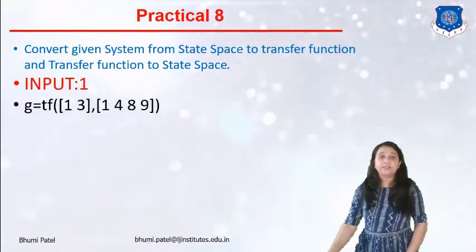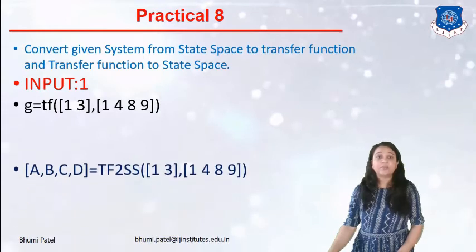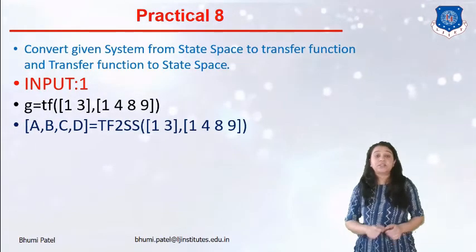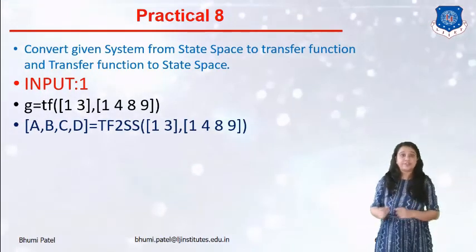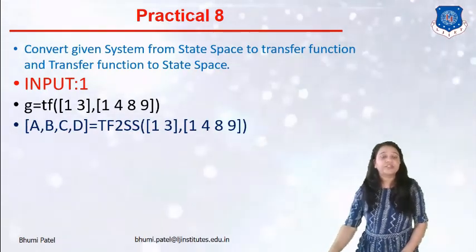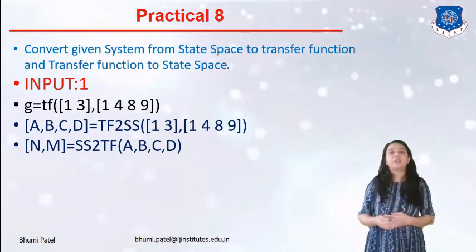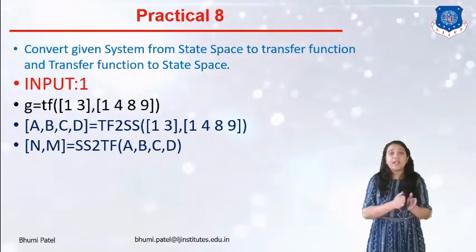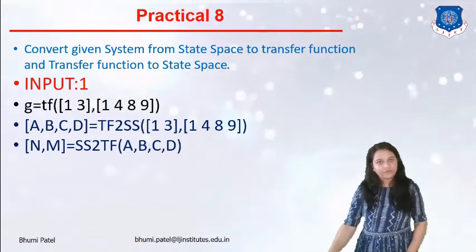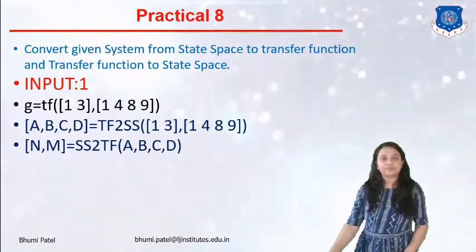So the command is g is equal to, first of all we derive the transfer function of the system. After that the command tf2ss converts the transfer function to state space. If we want to convert state space into the transfer function, the command is ss2tf. We have also studied that in the MATLAB tool.